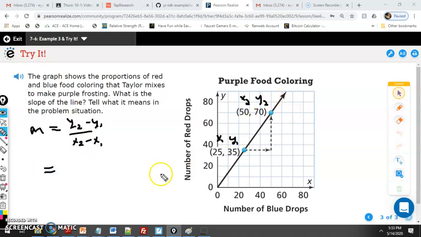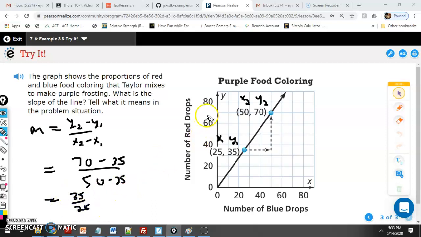All right, substitute. 70 is y2, minus 35, that's y1. On the bottom, we have 50 minus 25. 70 minus 35 is 35. 50 minus 25 is 25.